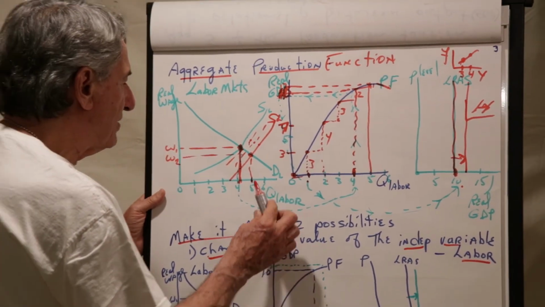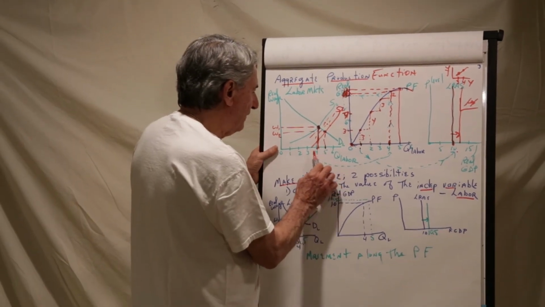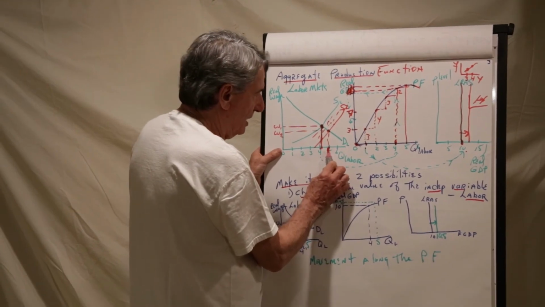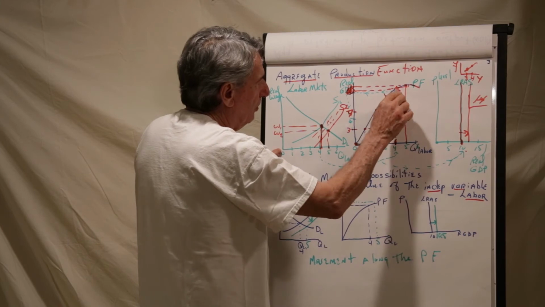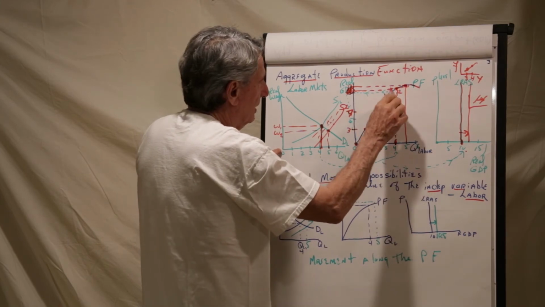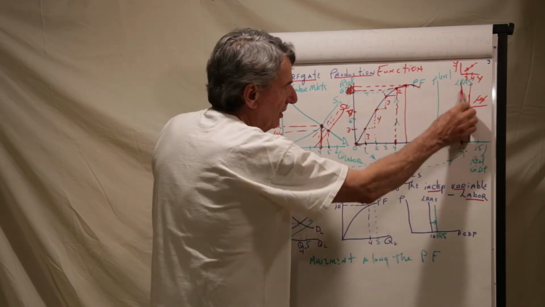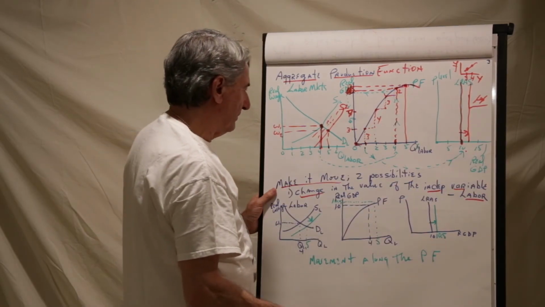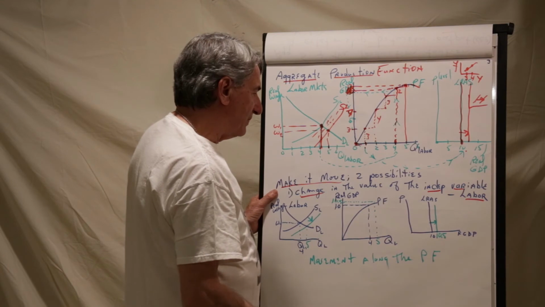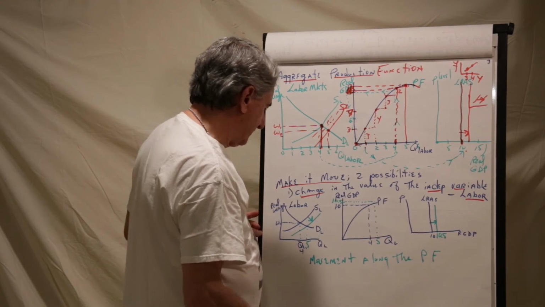So that's what happens when you change the value of the independent variable, which is labor. Then we plug more workers into the production function, look for the new output level from 10 to 12, and then redraw the long-run aggregate supply curve at its new level.